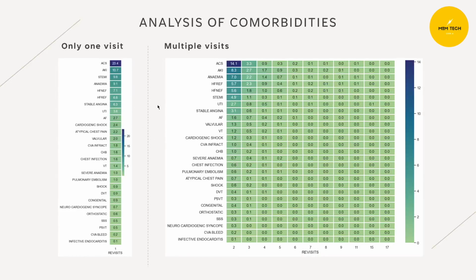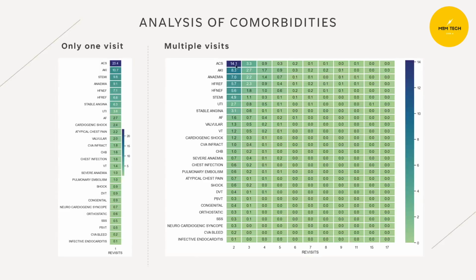Just to explain a little bit better, these numbers are the percentage of the total of these visits. From patients with more than one visit, this number represents the percentage.